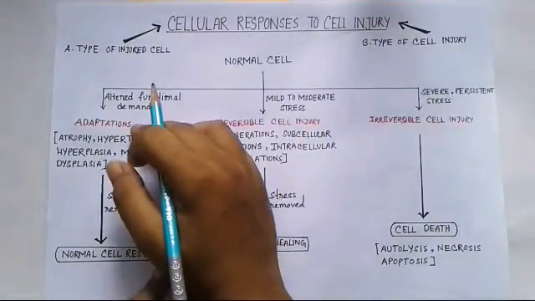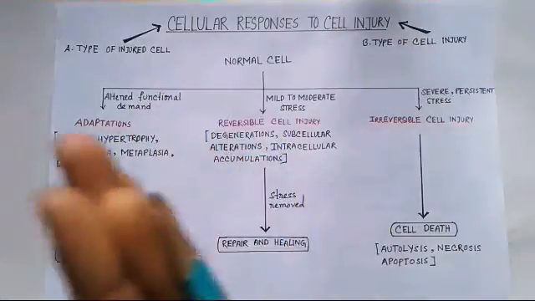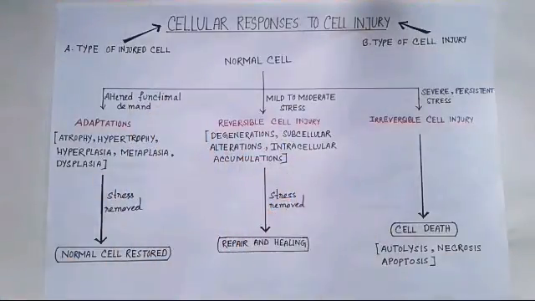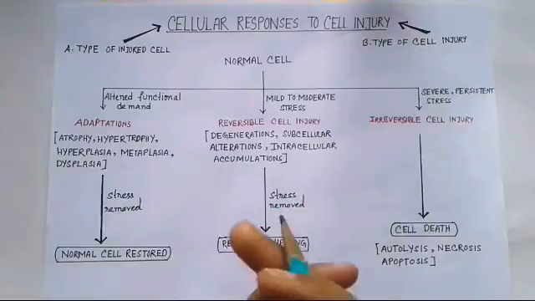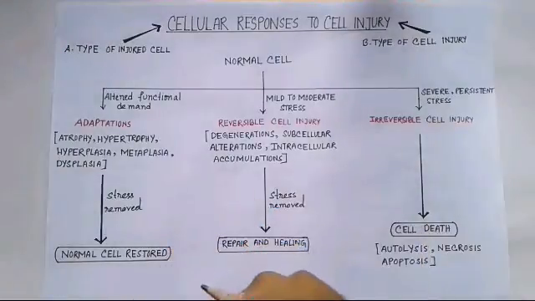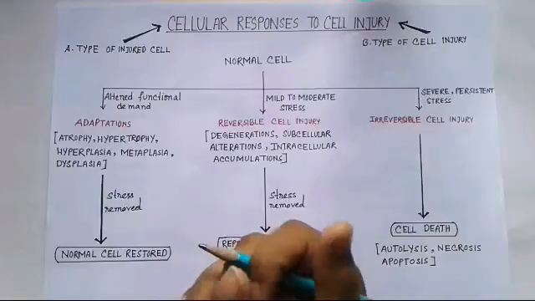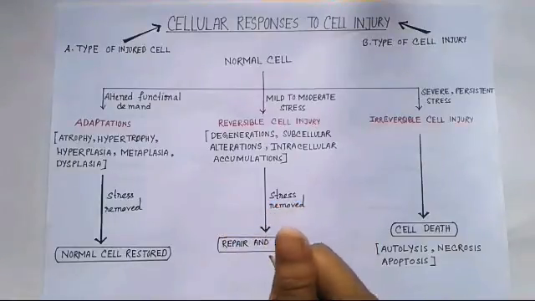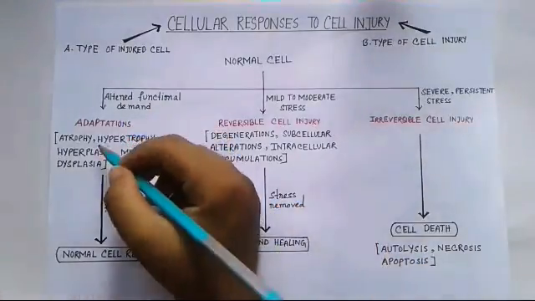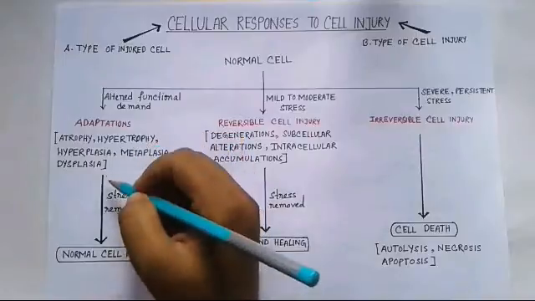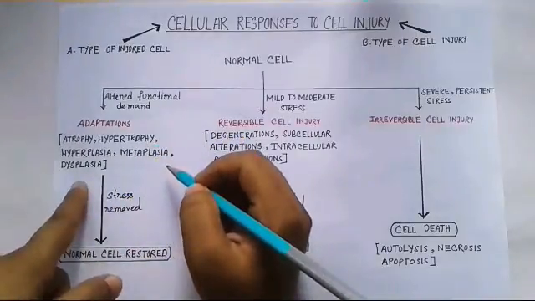Cellular adaptation occurs when there is increased functional demand, and it is expressed morphologically. For example, growth of the uterus during pregnancy, or enlargement of the breast during the lactating period. Some examples of adaptations are atrophy, hypertrophy, hyperplasia, metaplasia, and dysplasia.